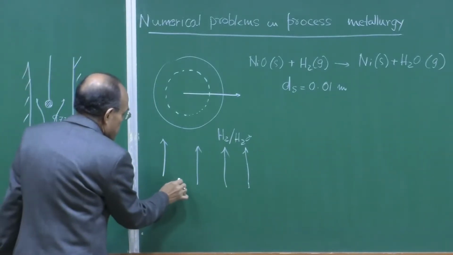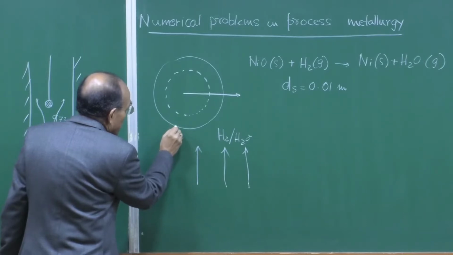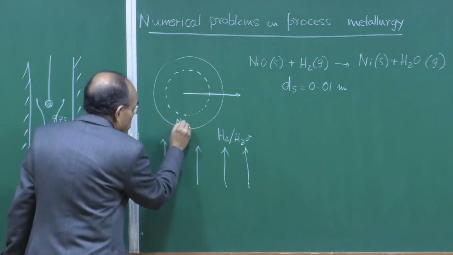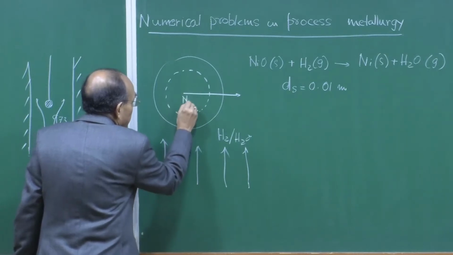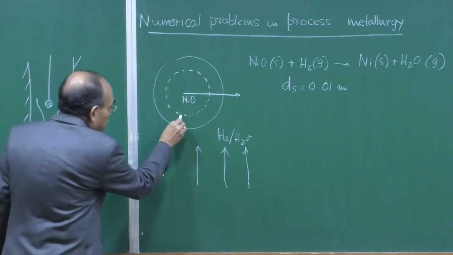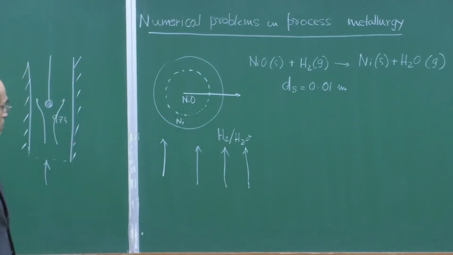So, the gas comes, reaches the surface, and then it diffuses through the solid, and so this is now reduced already. So, this is nickel and this is nickel oxide, and then the gas diffuses through the nickel, reaches this interface where the same reaction takes place.